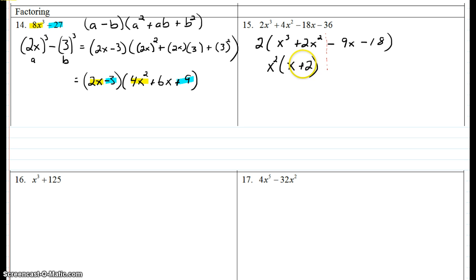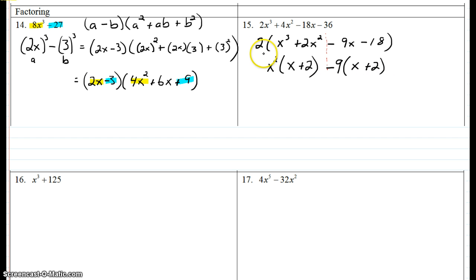And so now since these are both positive and these are both negative, I want to see if I can write it so that my binomial here will be positive. So I'm going to take a negative out, and so what do 9 and 18 have in common? So I can take a negative 9 out, and so that turns that into a positive x and a positive 2.